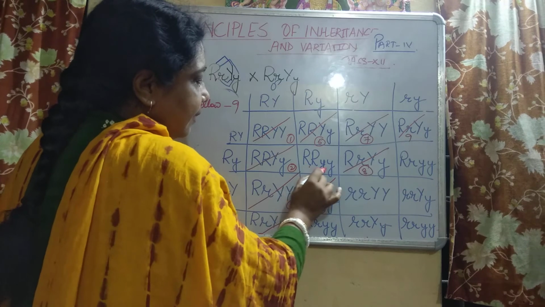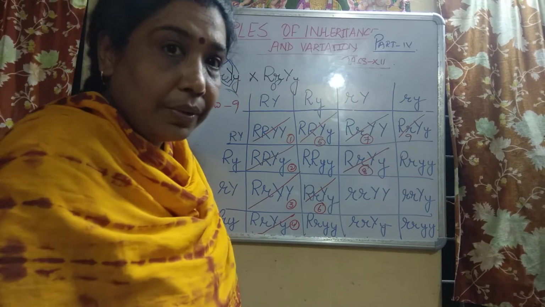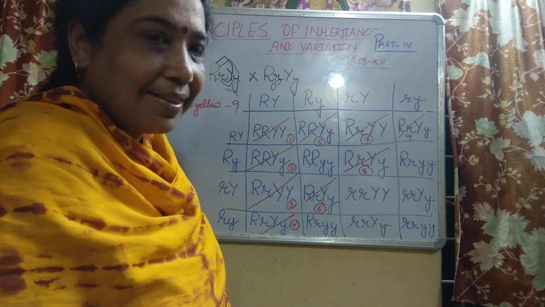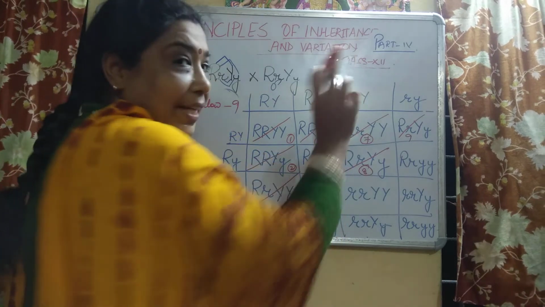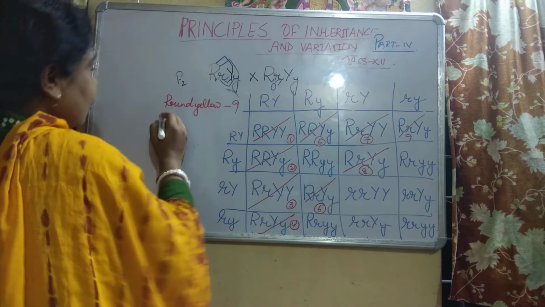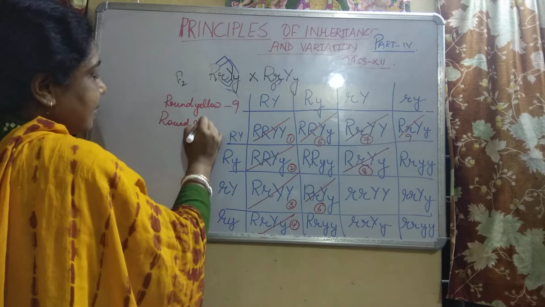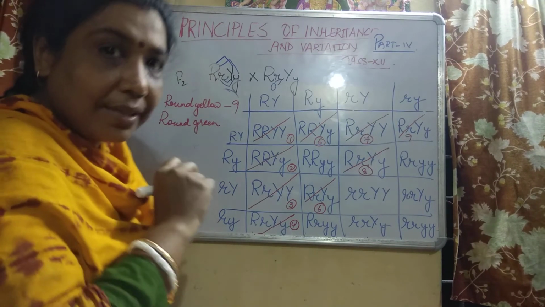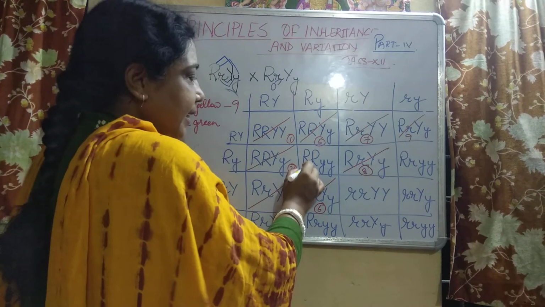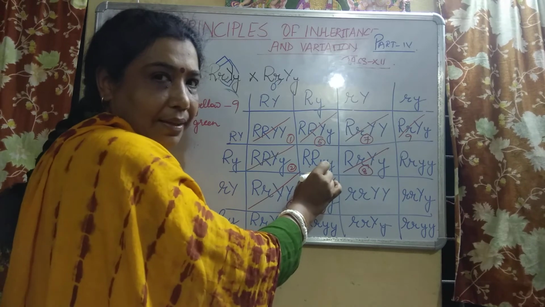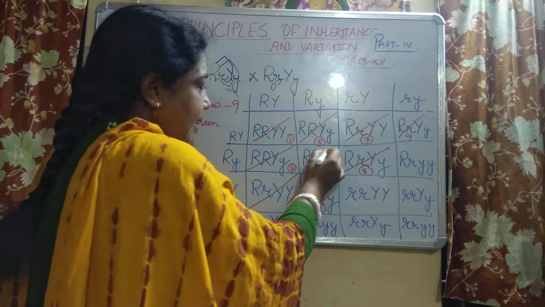This is representing what? Round what? Round yellow you have seen. Now it is round green. Look, this is round, both are small for the color. Okay, we'll express round green.